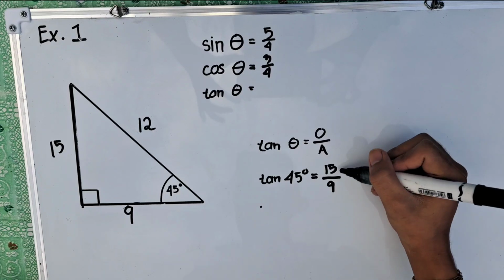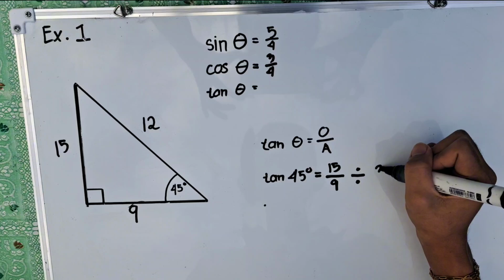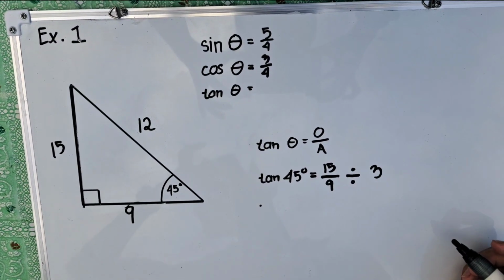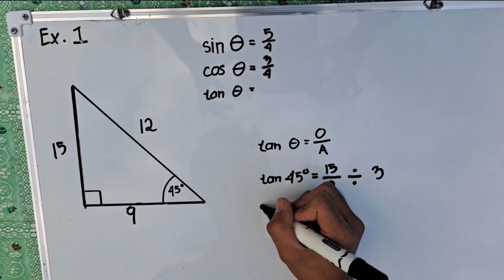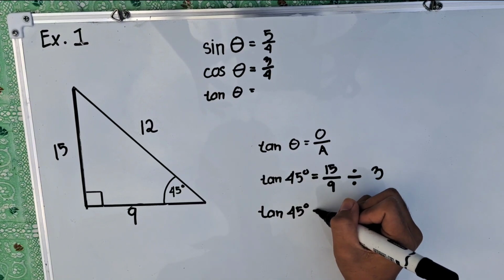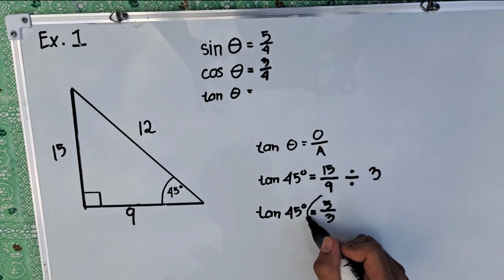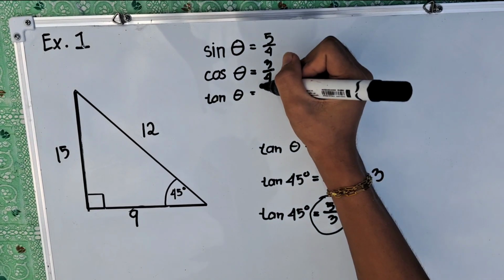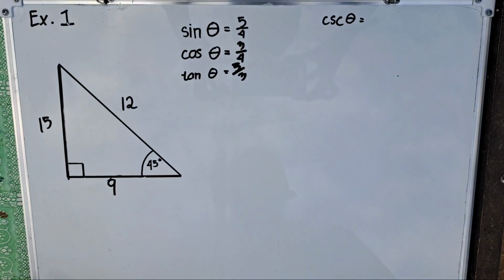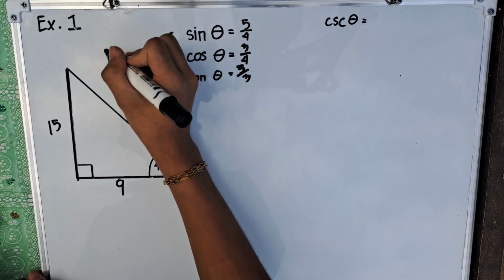We can reduce it to the lowest term by dividing by the common number. So tangent 45 degrees is equal to 5 over 3. So this is our tangent, tan theta is 5 over 3. Since we already solved for the primary ratios, this will be our primary.